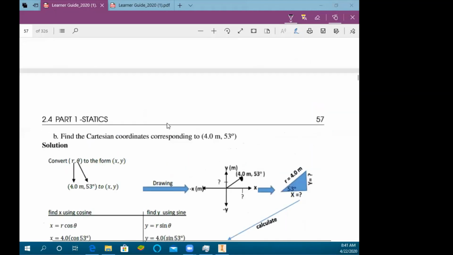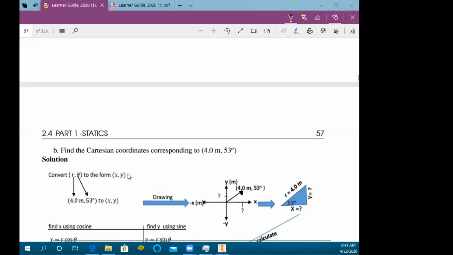Let's do this example here. Find the Cartesian coordinates corresponding to 4 and 53 degrees, right? Let's do this question here. I have my Cartesian plane here. Can you see it?